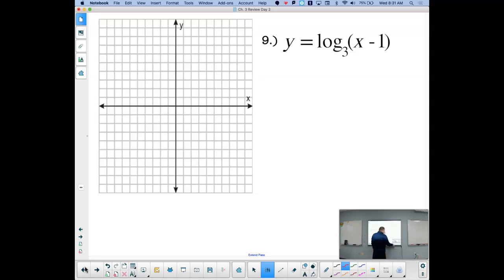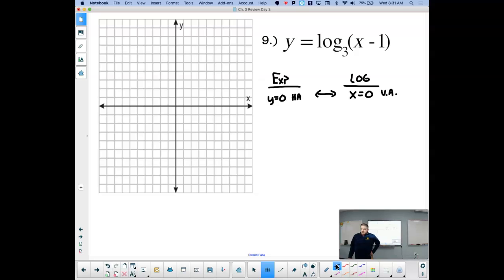So normally an exponential would have y equals 0 as my horizontal asymptote. A log function, then, because they're inverses, is going to have x equals 0 as a vertical asymptote. Okay? Because the x's and y's get switched.